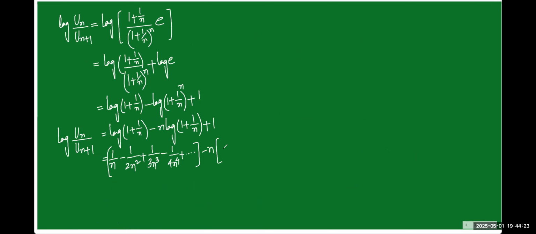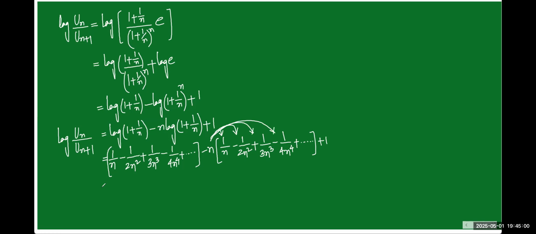We have to expand one more time: 1 by n minus 1 by 2n square plus 1 by 3n power 3 minus 1 by 4n power 4 plus and so on, and bracket close. And here plus 1 is also there, don't forget. And this n we have to multiply with this, with this, and also with this.